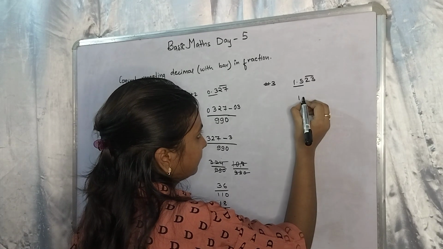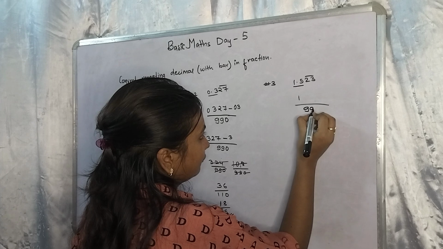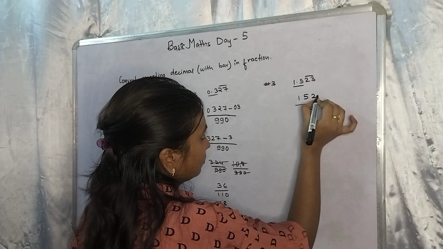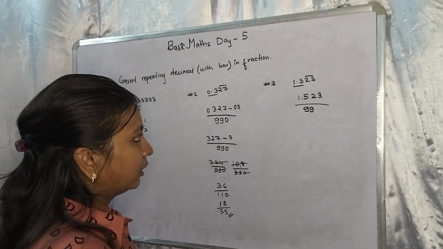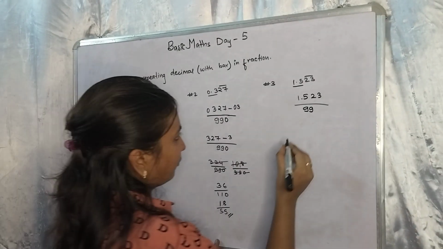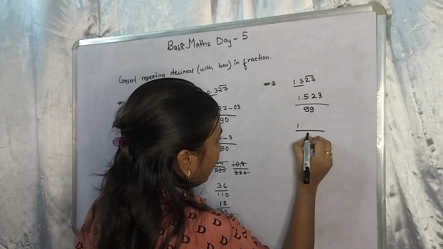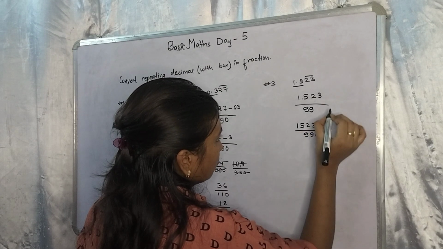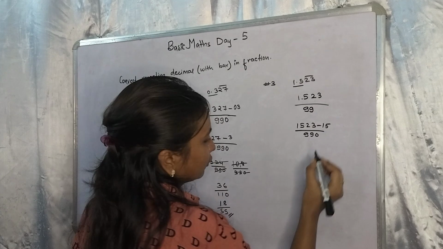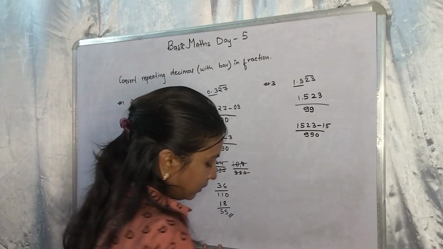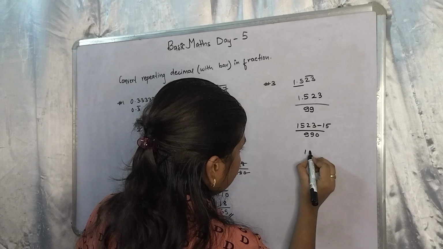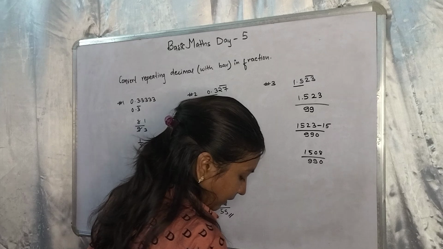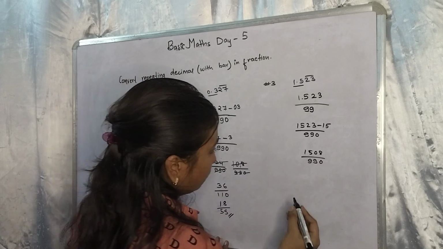So this will give you 1.23. This only helped us to remove the bar. Now to remove the point, we will add 0, so 990. This has helped us to remove the point, but we need to also subtract the 50 here. So these are three steps. Fine. Now to solve this, we will get 1508 by 900, and after dividing it by 2, 2 sevens are 14, 2 fives are 10, 2 fours are 8, 2 nines are 18.